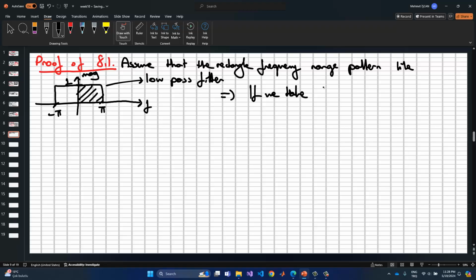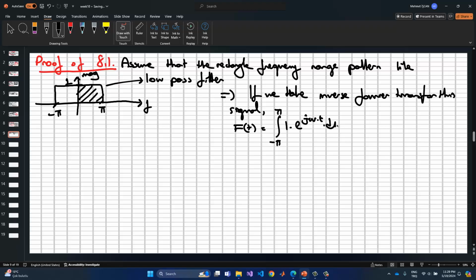Then if we take the inverse Fourier transform of this signal, it creates this pattern, f(t), which equals the integral from minus pi to pi of 1 times e^(jwt) dw, and this is equals to minus pi to pi.